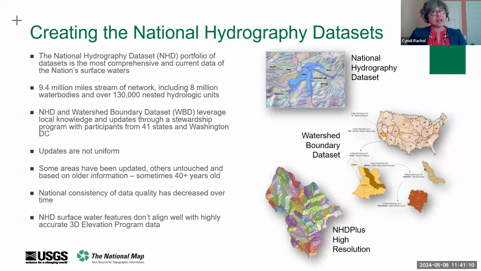Additionally, the data does not align well with the new and highly accurate 3D elevation data. Lastly, this discrepancy in upkeep has led to issues with connectivity in the hydrography network, with lingering delineation snags in the watershed boundary data set.